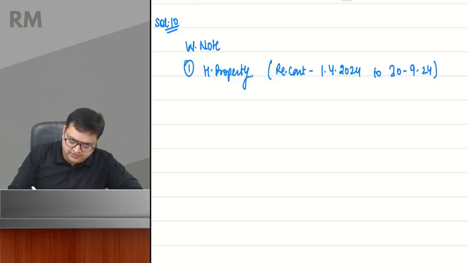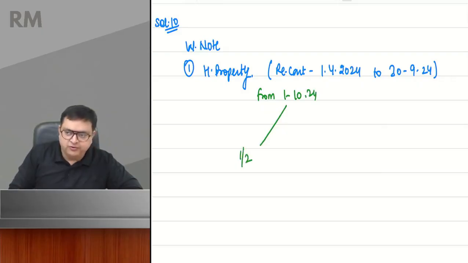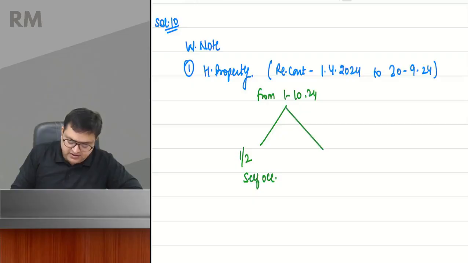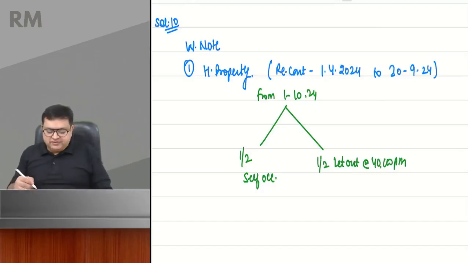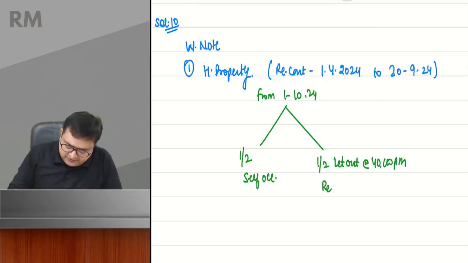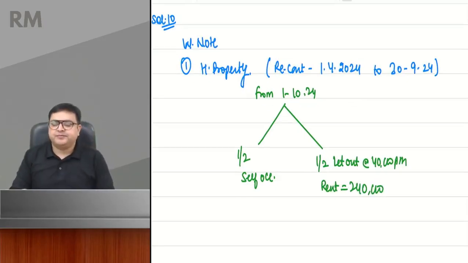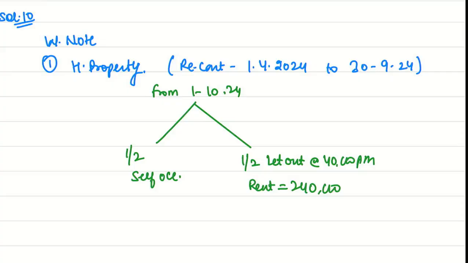From 1st October, half of the portion, the ground floor, is self-occupied and the remaining half is let out at rupees 40,000 per month. If it is let out from October onwards, for 6 months, the rent which we have received is 2,40,000. Everybody doing it with me now? Correct?